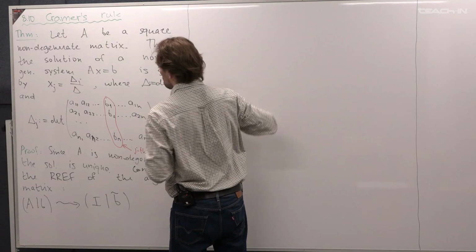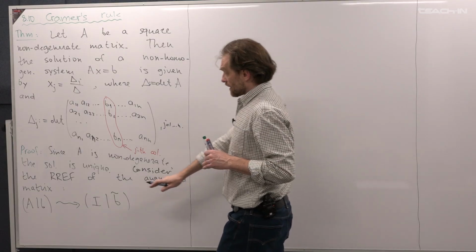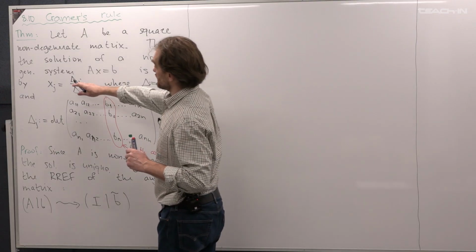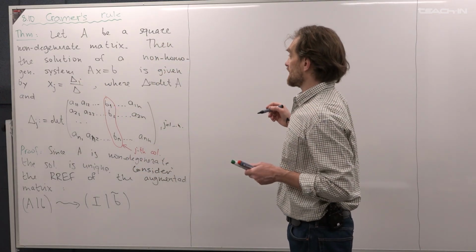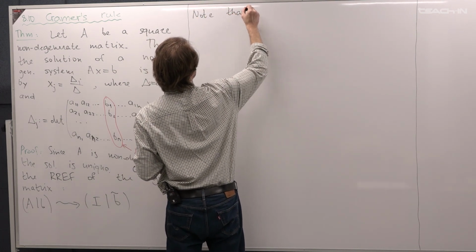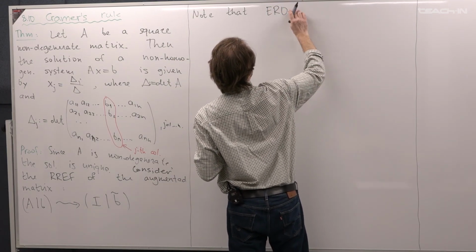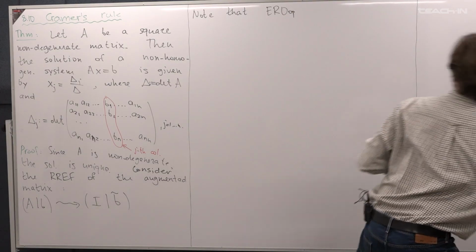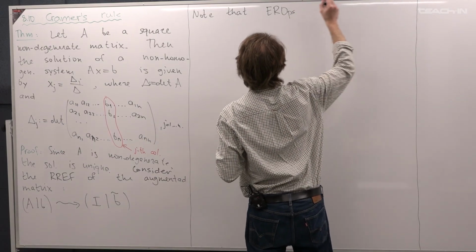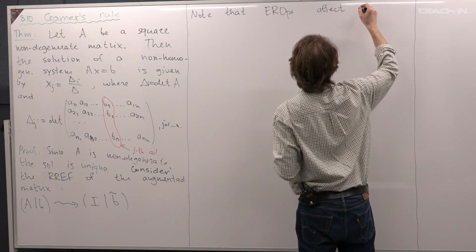The important thing is that when we apply these elementary row operations to our augmented matrix, both delta and delta sub j are transformed in the same way. Elementary row operations affect delta and delta sub j in the same way.